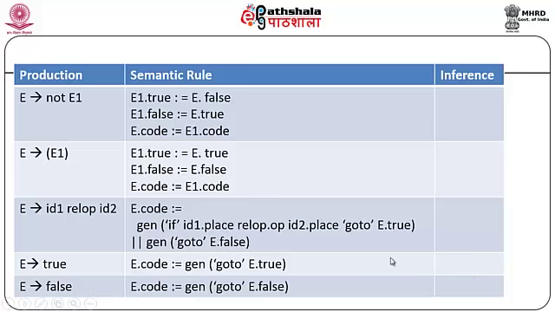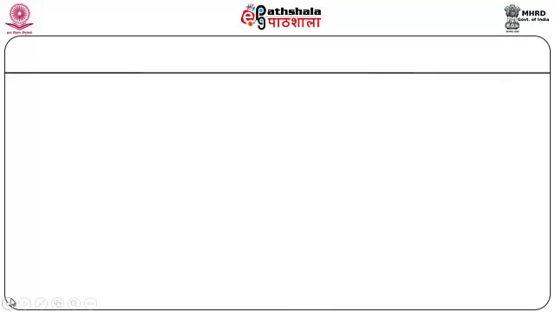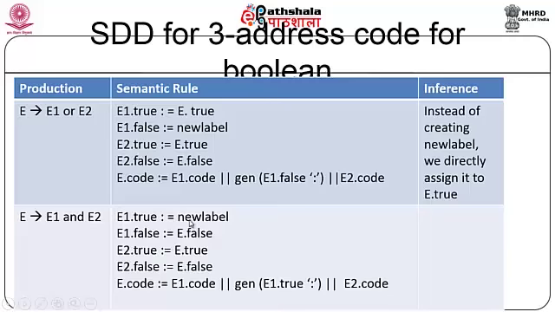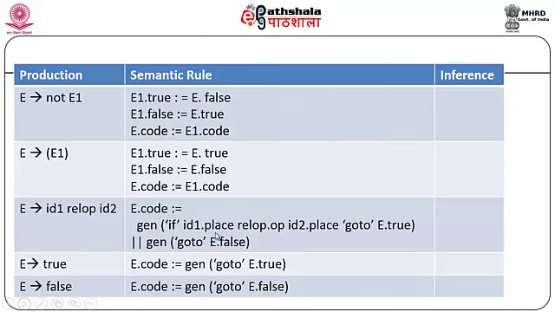Now, this true and false will be labels, which are new labels as already discussed, or they could be the false and true of the parent. So it could be a new label or it could be the false and true of the parent. That is what is generated here.